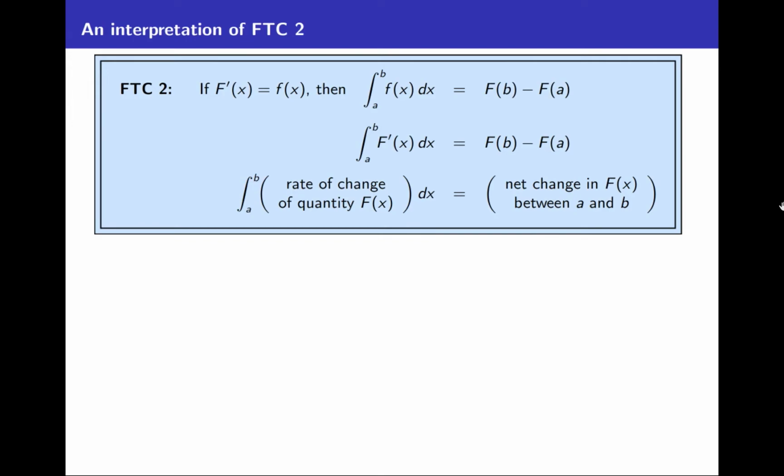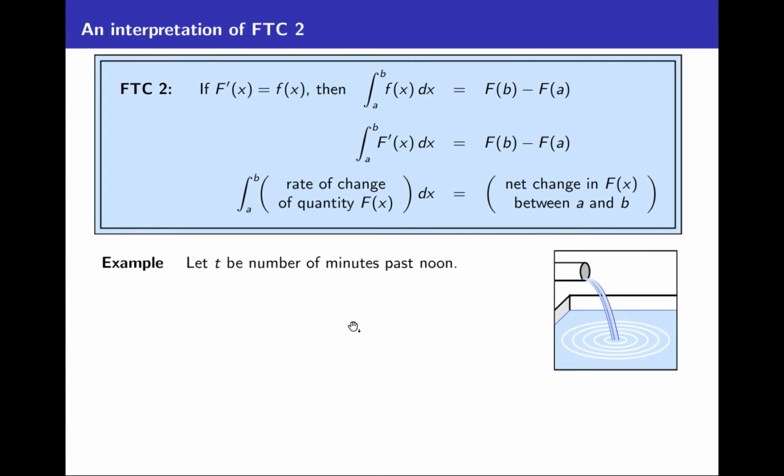of applications. Just as a quick example, for our first example, think about the following situation. Let's let t be the number of minutes past noon on some day, and imagine that you are filling up a pool by pouring water into it. Water is gushing out of a pipe, let's say at varying rates. Sometimes it's trickling out at like half a gallon per minute. Other times it's gushing out at 5.6 gallons per minute and so on.